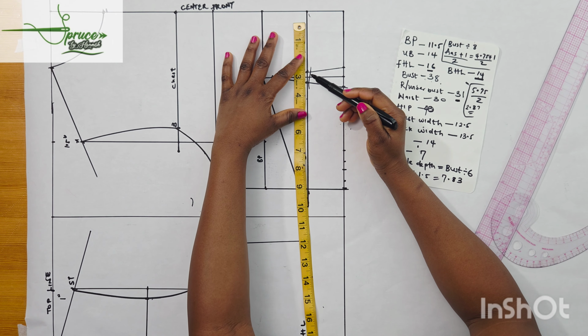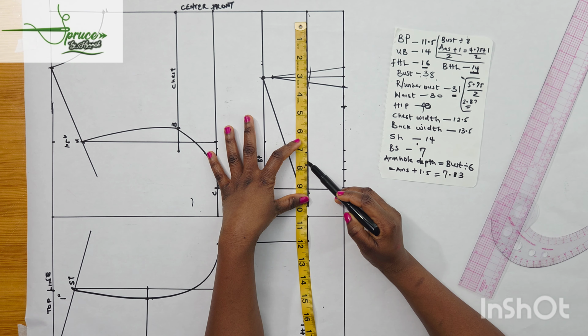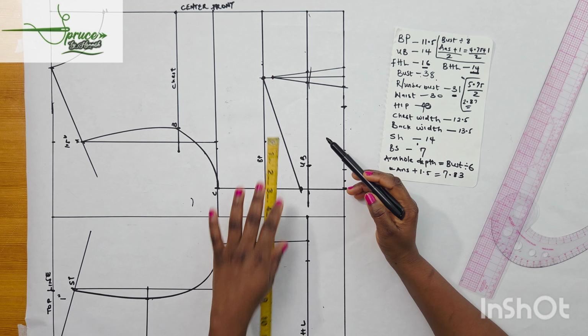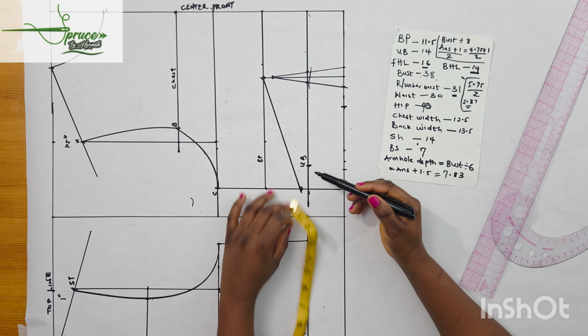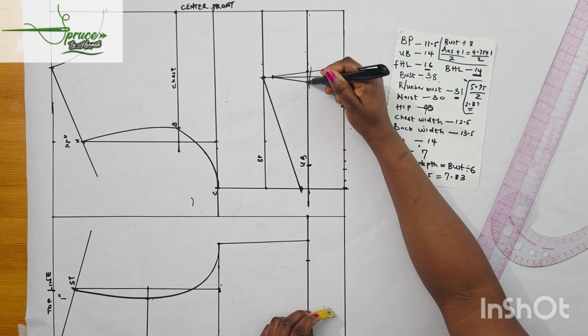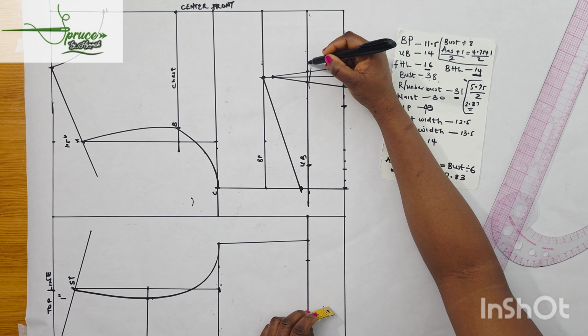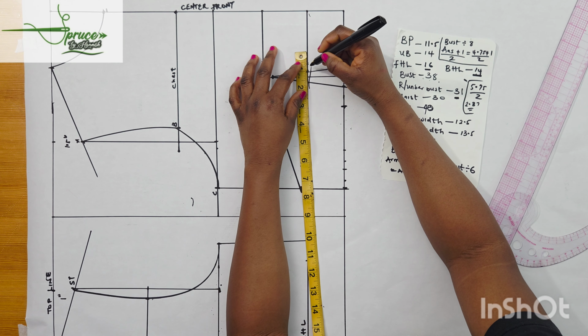Just watch what I am doing closely. Once you get that measurement and you're able to get your round underbust measurement, you're going to mark that point and check whatever you have left. Okay, the remaining excess. In this case, it is 1 1/4. So the 1 1/4, you are going to split it on the two sides of the dart.